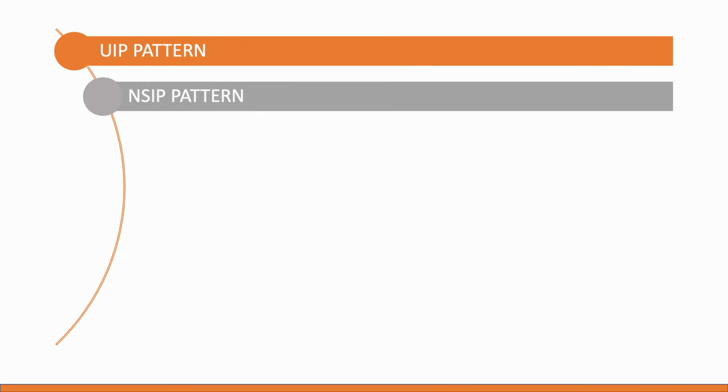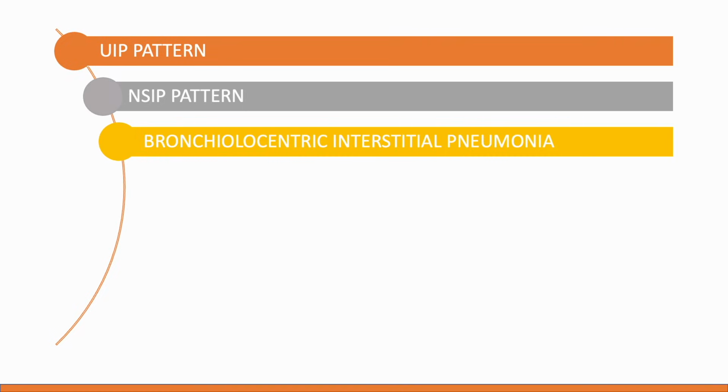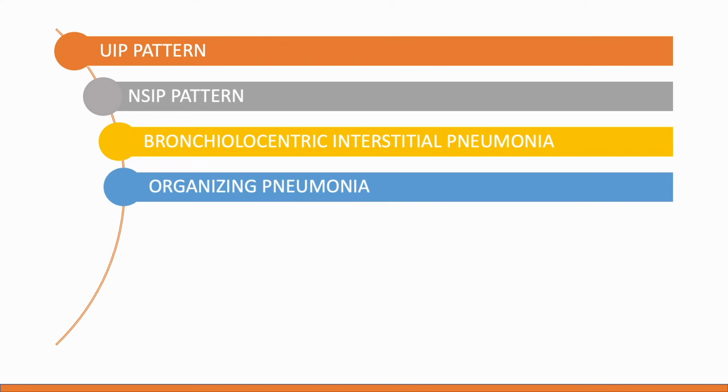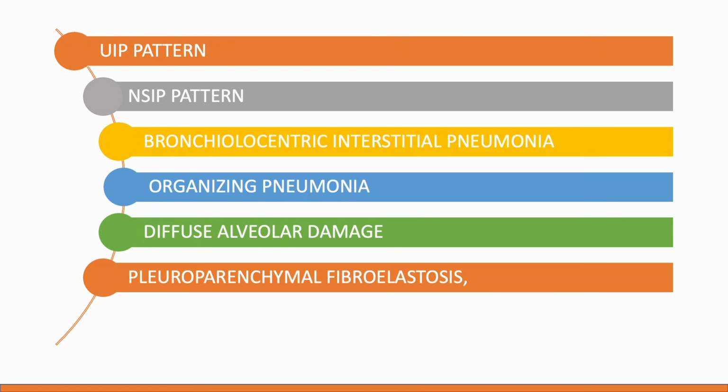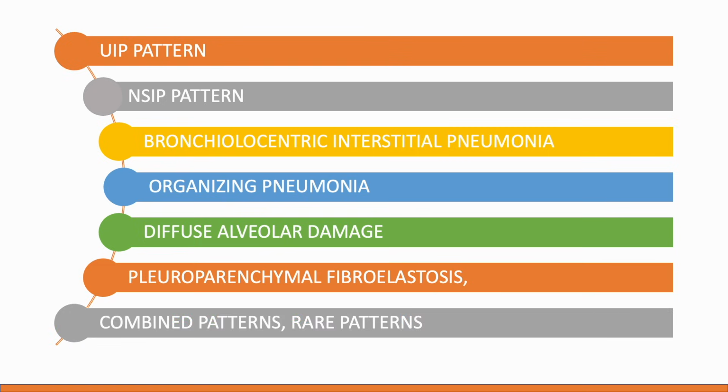Secondly, the NSIP pattern. Third, bronchiolocentric interstitial pneumonia or BIP pattern, organizing pneumonia, diffuse alveolar damage, pleuroparenchymal fibroelastosis, and some combined patterns along with rare patterns.